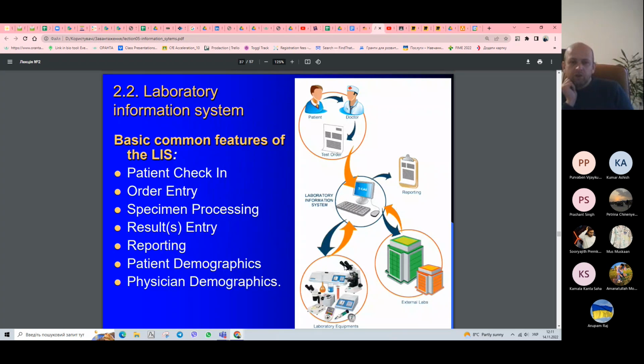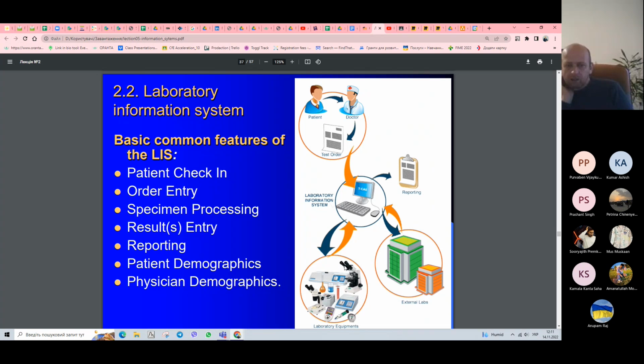Basic common features of the laboratory information system are patient check-in, order entry, specimen processing, results, reporting, patient demographics and physician demographic location.